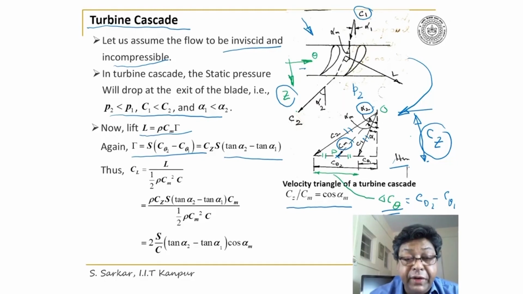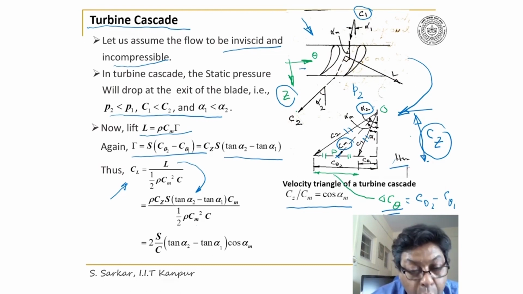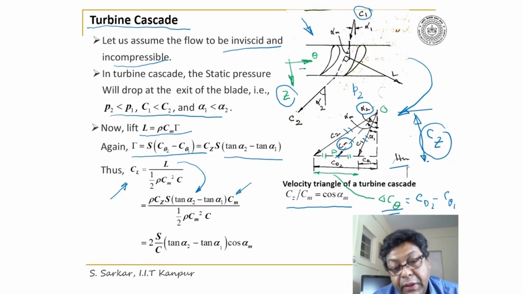I can define lift coefficient as before, that Cl is equal to L divided by half rho Cm squared into C. Now from the expression of gamma I can evaluate L. Thus lift coefficient Cl would be rho Cz S into tan alpha 2 minus tan alpha 1 into cos alpha m divided by half rho Cm squared into C.